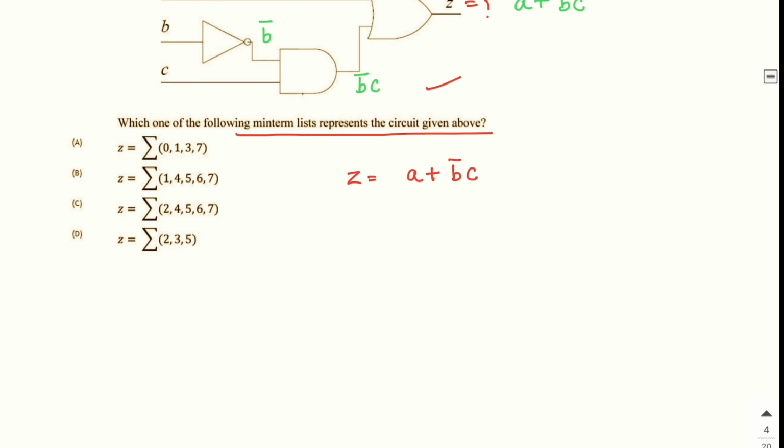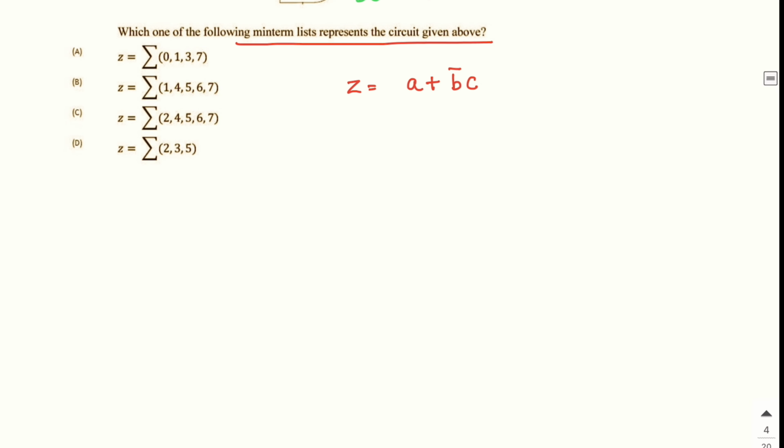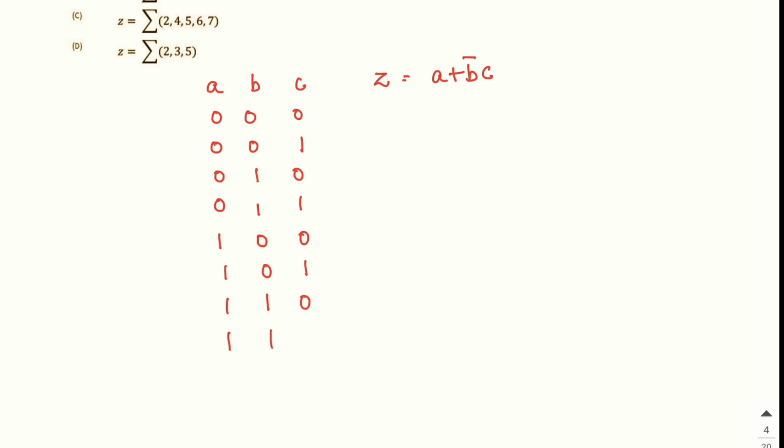Now I am supposed to find a min term type of list for my output. This list can be obtained when you write the truth table. So let's say I mention the inputs are a, b, c, and my output is z, which is equal to a plus b bar c. For the 3 inputs we can have 8 possible cases like this. These are all the possible 8 combinations.